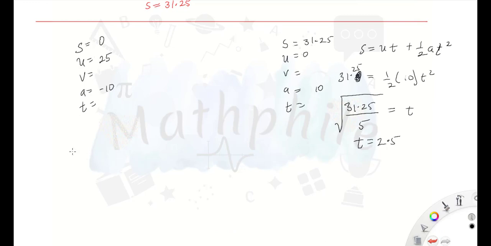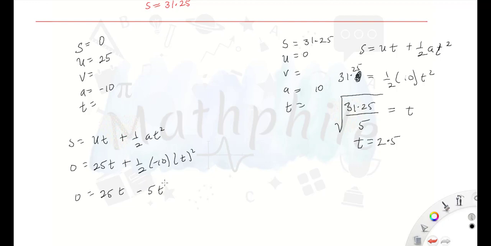So again, I think you can use s equal to ut plus half at squared. S is 0, u is 25, so 0 equals 25t plus 1 over 2 of negative 10 t squared. This is a quadratic equation: 0 equals 25t minus 5t squared.